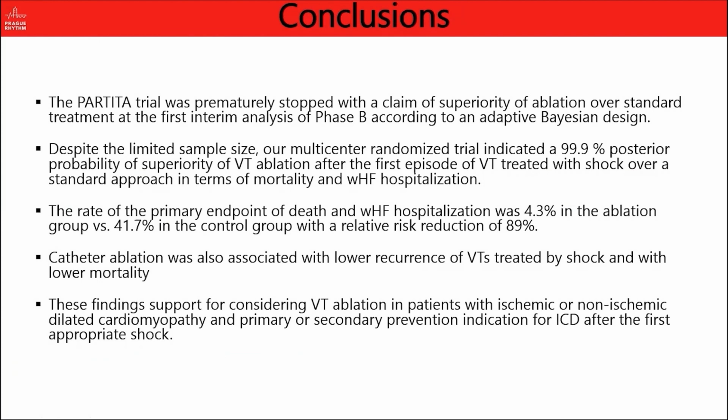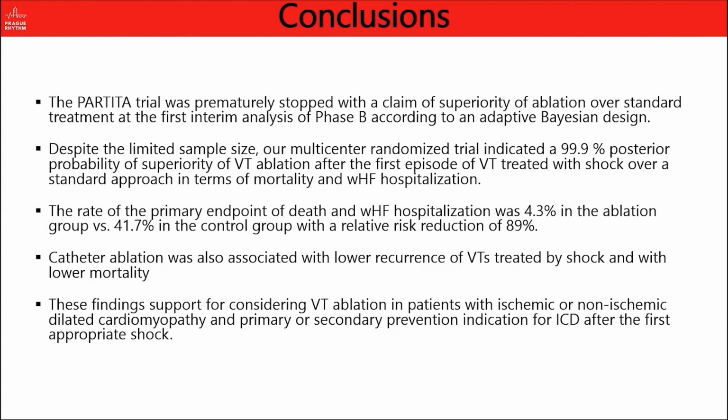So we see that despite the limited sample size, the PARTITA trial indicated a significant superiority of VT ablation after the first episode of VT treated with shock over a standard approach in terms of both mortality and hospitalization for worsening heart failure. The composite endpoint of death and worsening heart failure was 4% in the ablation group versus 41% in the control group, with a relative risk reduction of 89%.